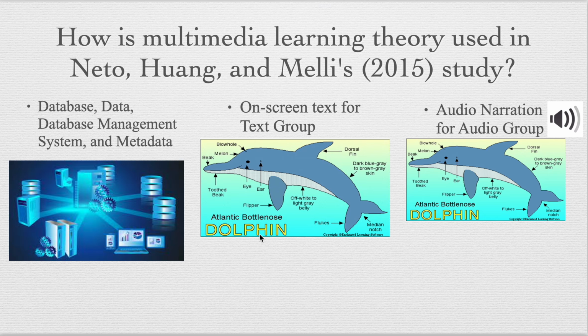For the text group, they would just read it independently. For the audio narration group, this one will be presented with someone speaking it as the learner listens in. So the difference is that this one will be independent and this one will be with the help of a narrator.